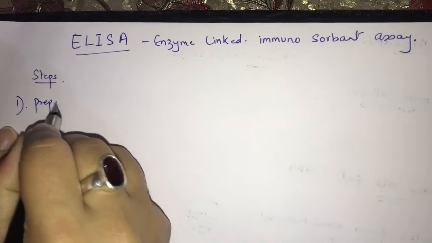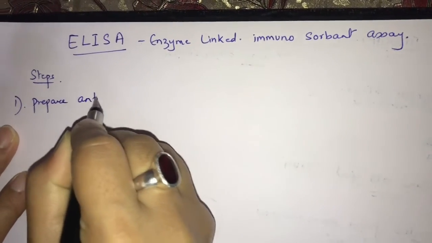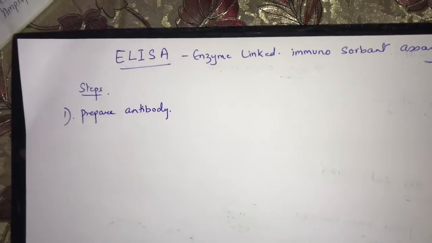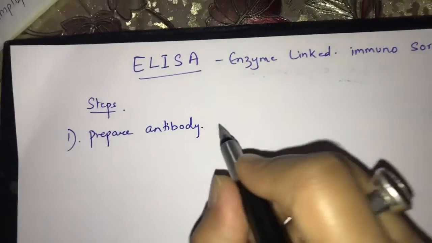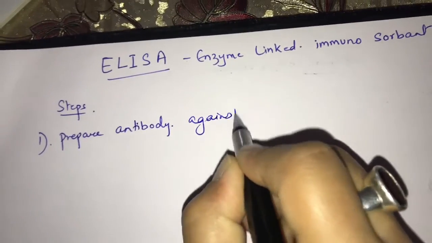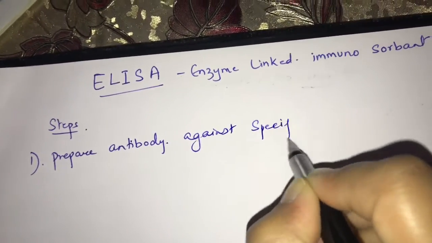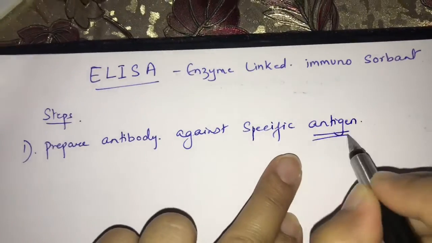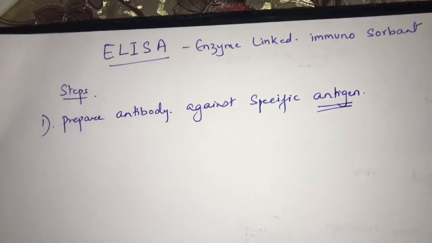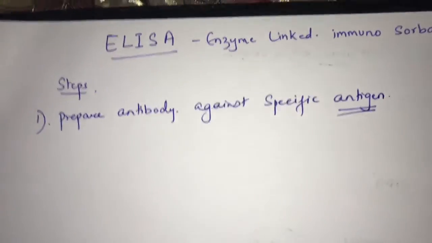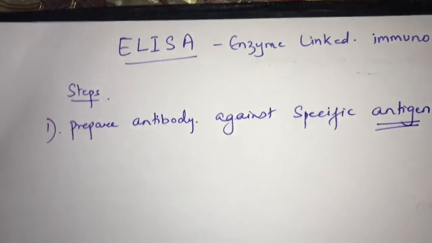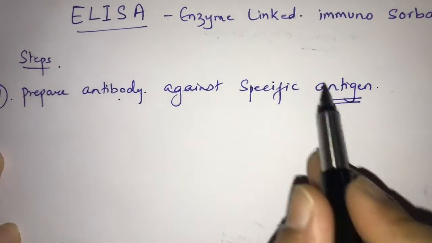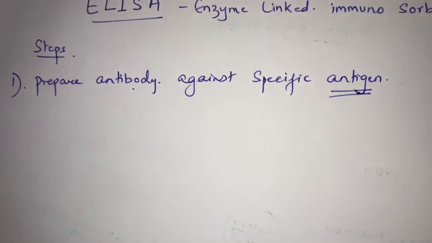Antibodies are proteins that fight against the pathogenic organism. So we need to produce antibody against a specific antigen. What is that specific antigen? It is the antigen which we are suspecting. If the person is suffering from this and that disease, that means the antigen will be this. So we need to prepare antibody against that antigen which we are suspecting.